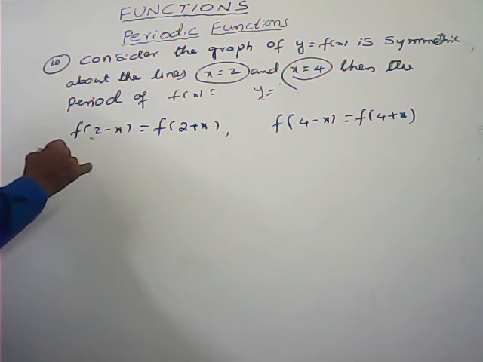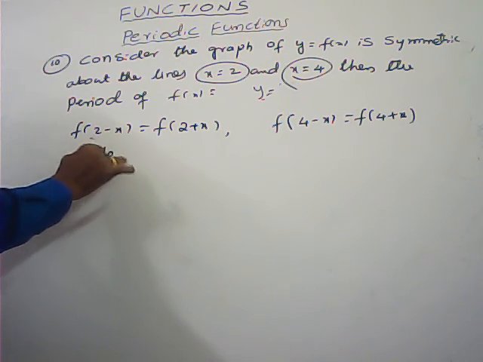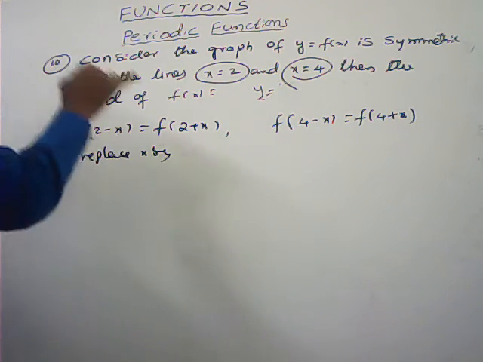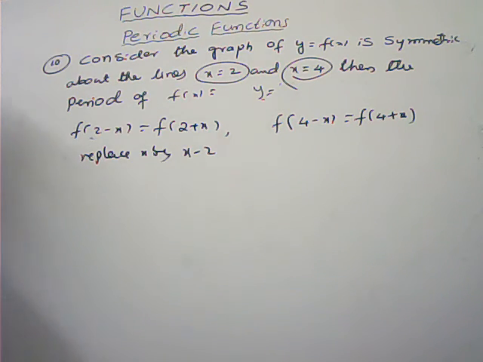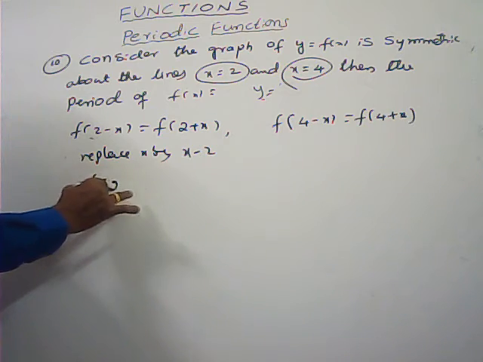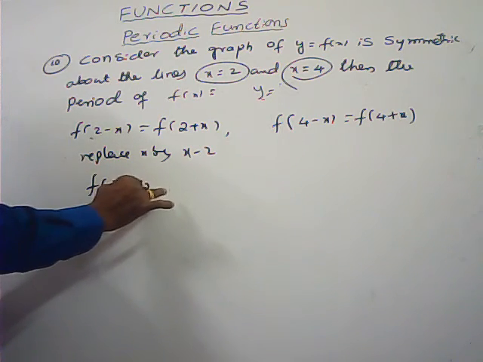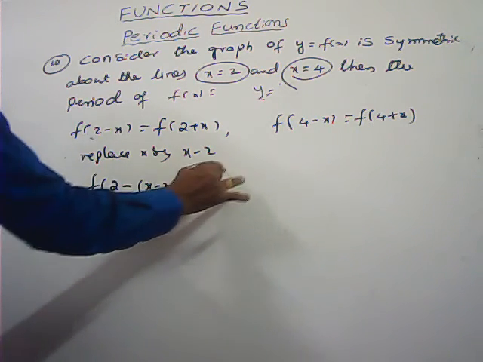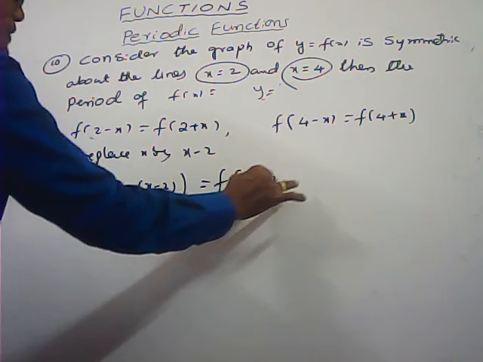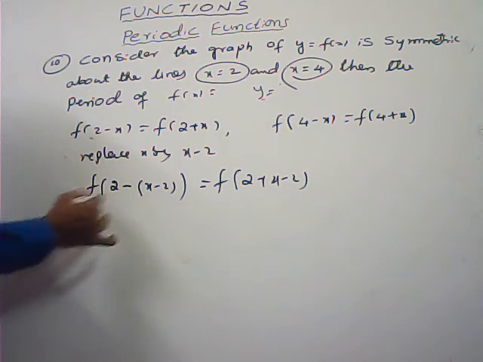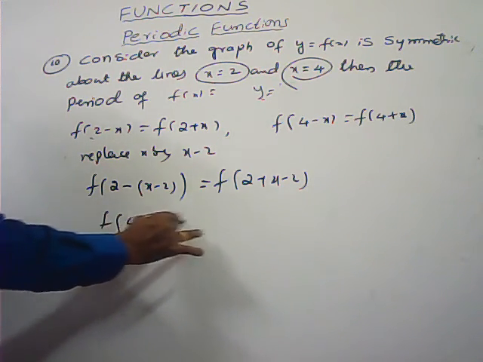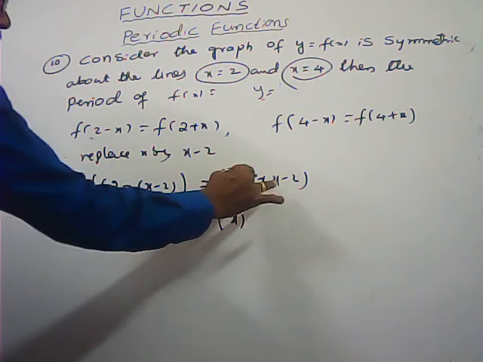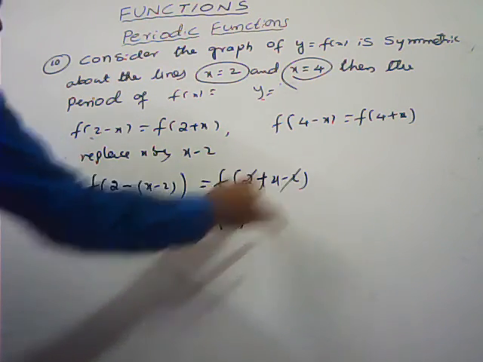Now here what I am doing: replace x by x minus 2. So we get f of 2 minus, in the place of x, x minus 2, equals f of 2 plus x minus 2. Here 2 minus x minus 2 gives 4 minus x, so f of 4 minus x equals f of x, as plus 2 and minus 2 cancel.